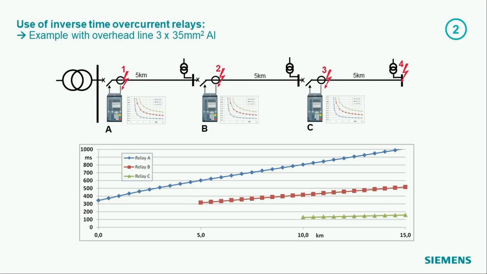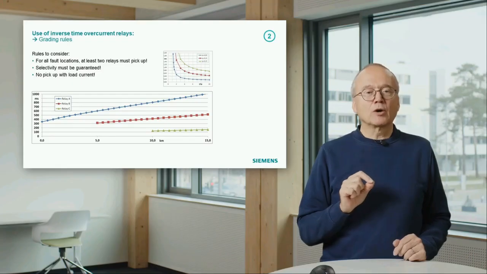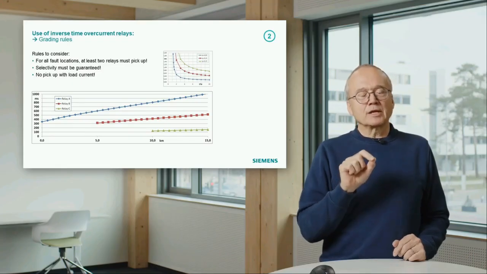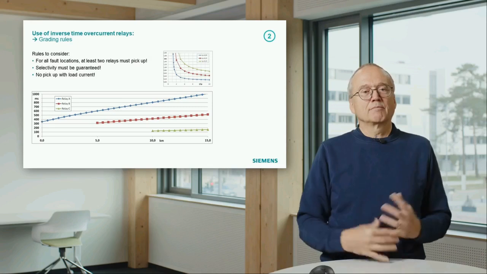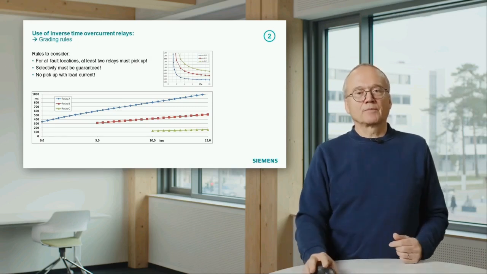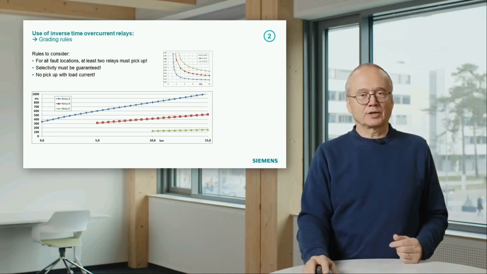But the important thing is, if we have a fault near the infeed, you see here that will be tripped by the blue curve, but there the tripping time is now reduced in comparison to the application of the definite time overcurrent, because we use here the inverse time characteristic.